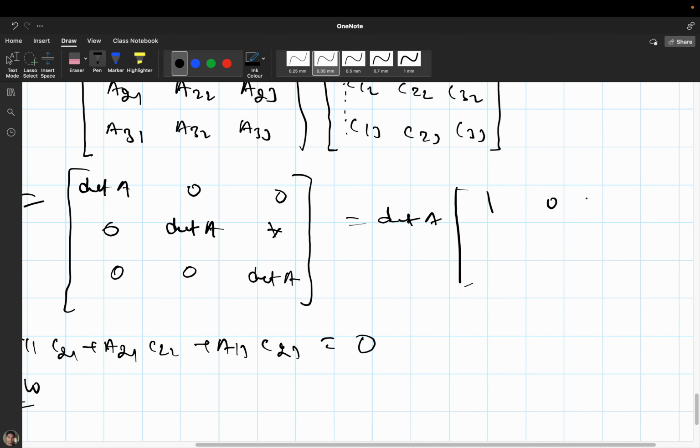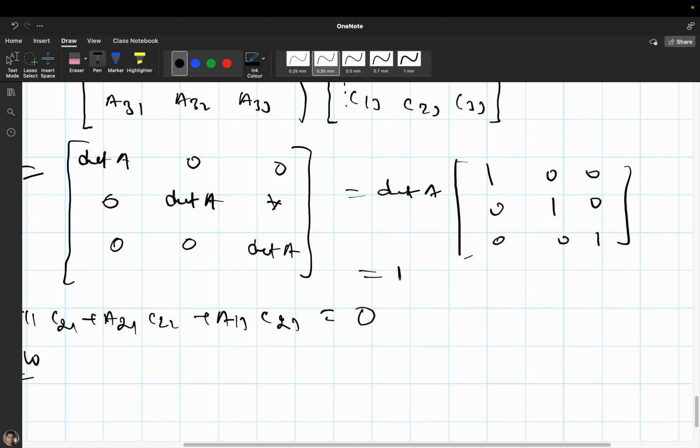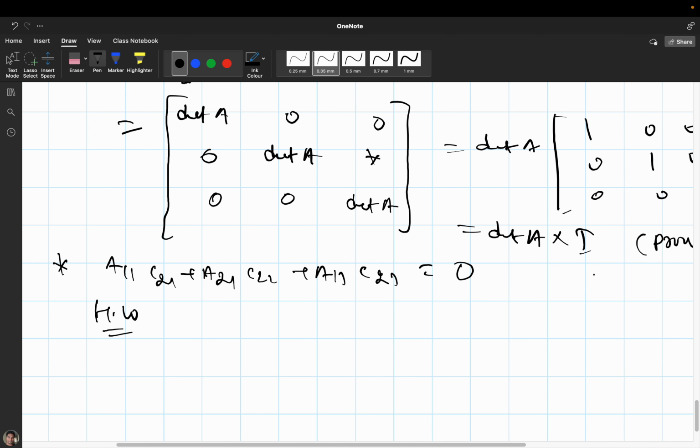That is 1 0 0, 0 1 0, 0 0 1. That is nothing but determinant of A times the identity matrix. Fine.